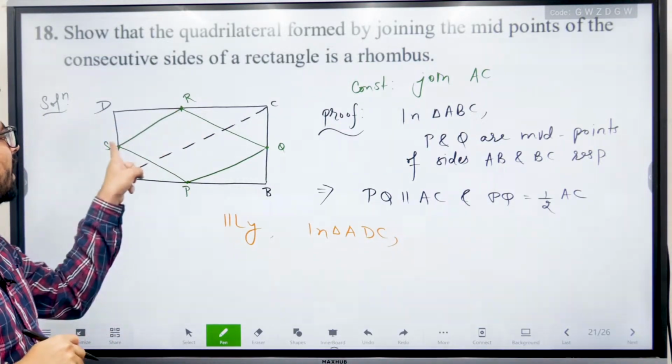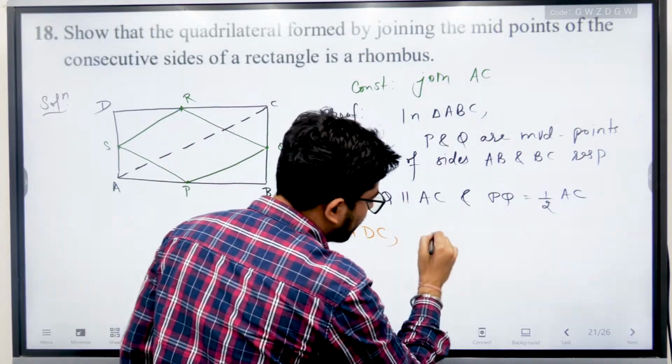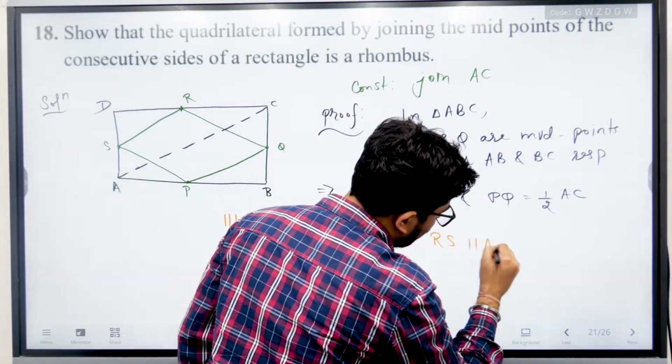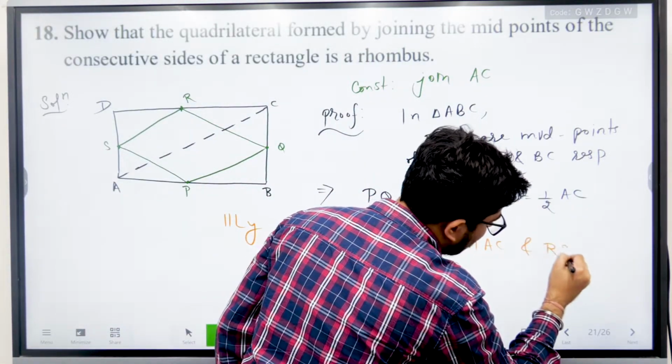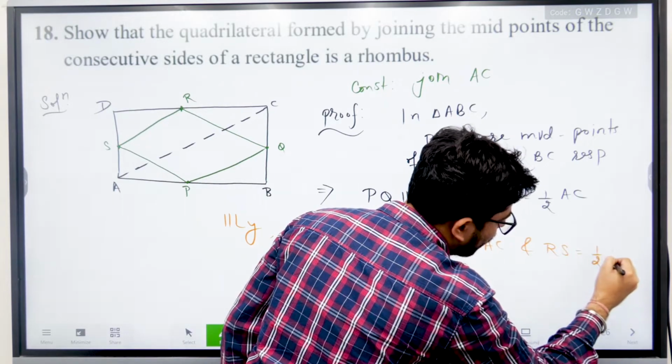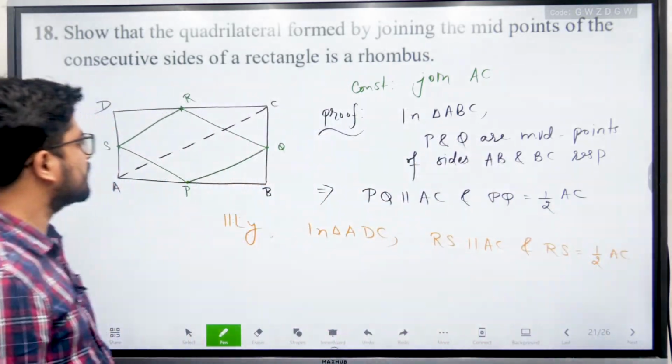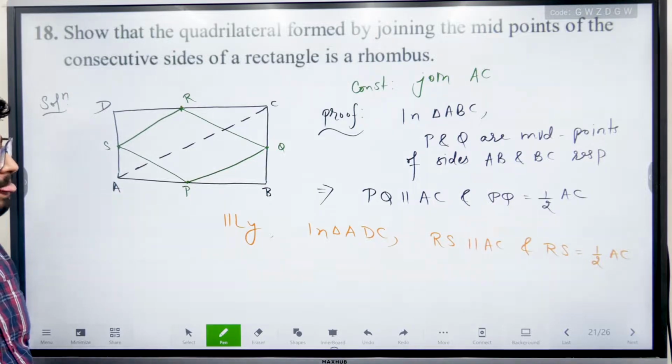So you can say RS is parallel to AC and RS is half of AC.